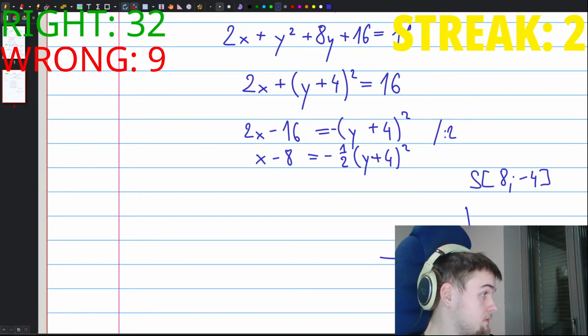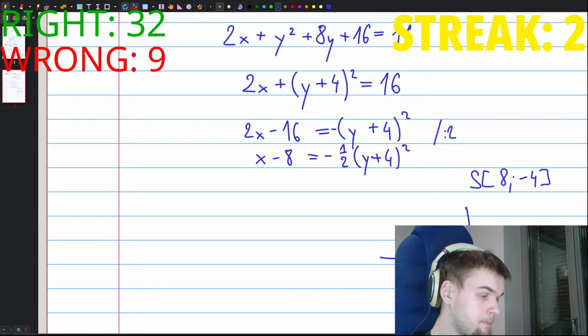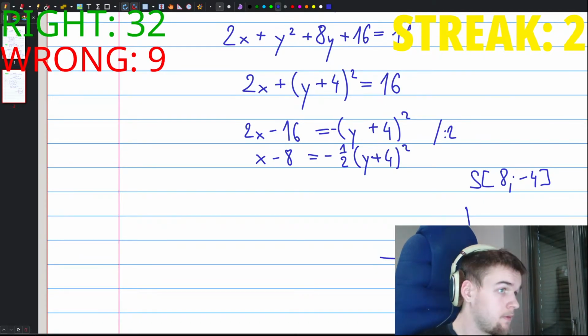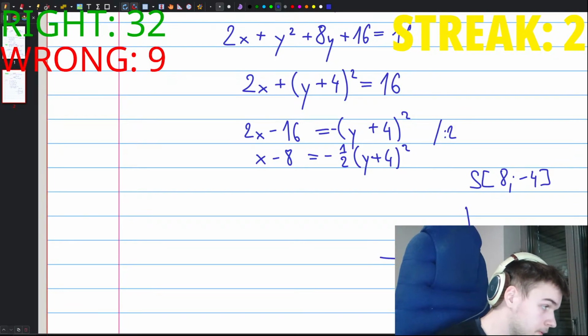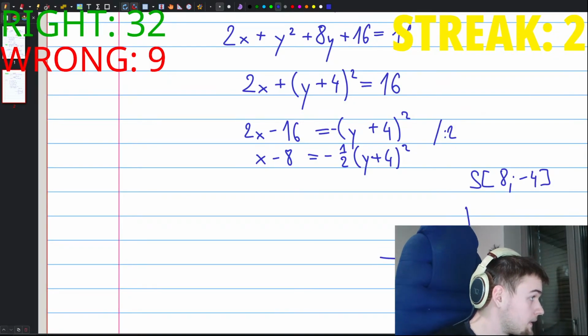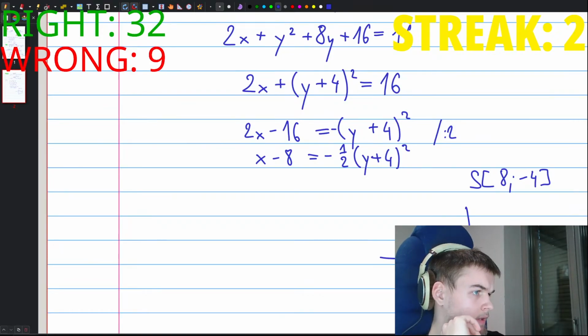I'll pop it quickly into GeoGebra. x minus 8 is equal to minus 1/2 y plus 4, whole thing. It's precisely that. Oh, added bonus, it actually goes through 0, 0, which I think is a coincidence.